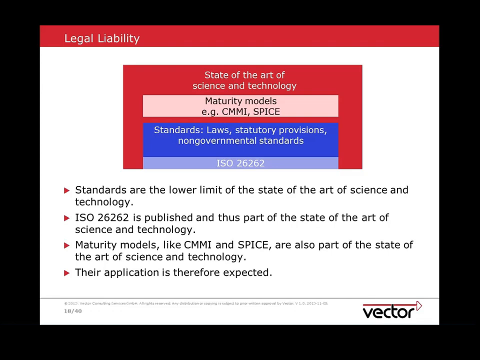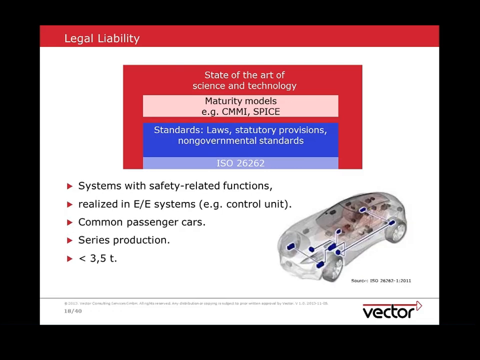As long as we are forward-looking, we can apply all kinds of deviations. We can skip something. But at the moment where we are obliged to prove that our life cycle is consistent with the 26262, it's better that we have rather rigorous documentation for the life cycle that these different requirements of the standard have been addressed.